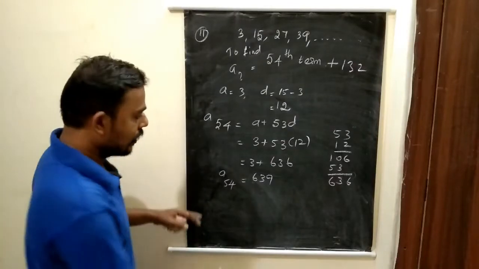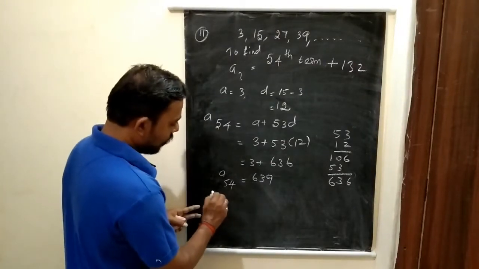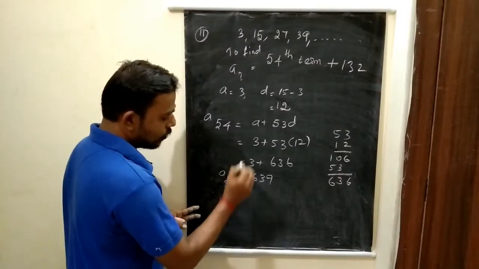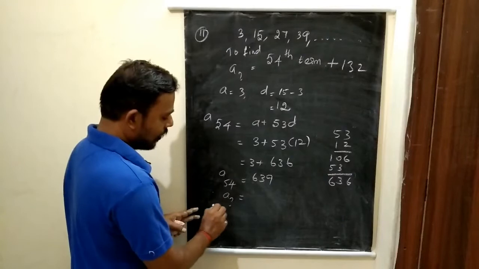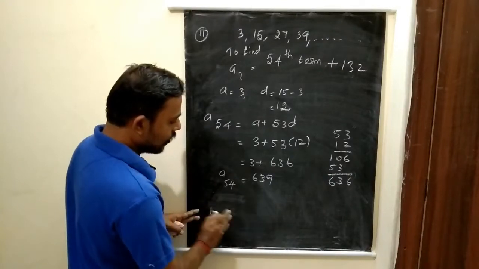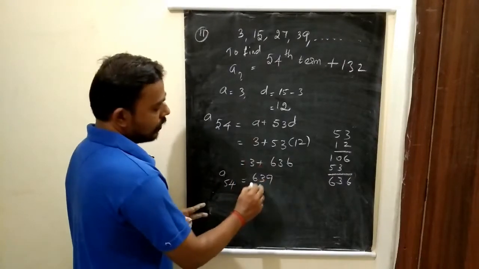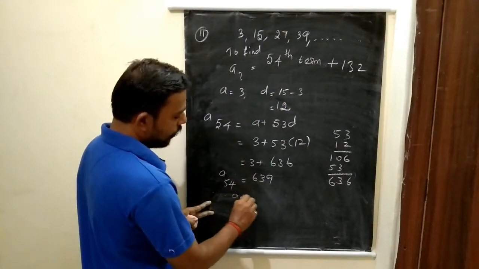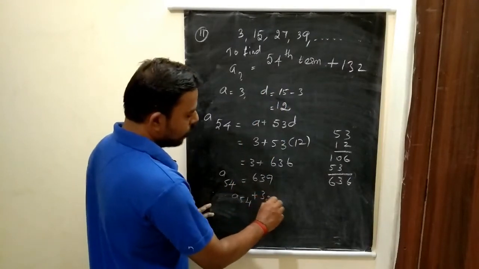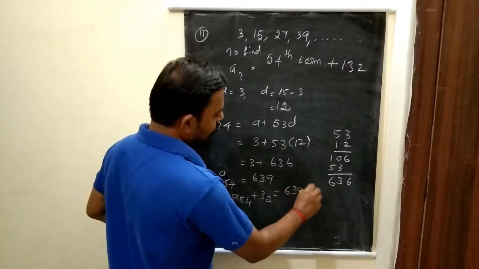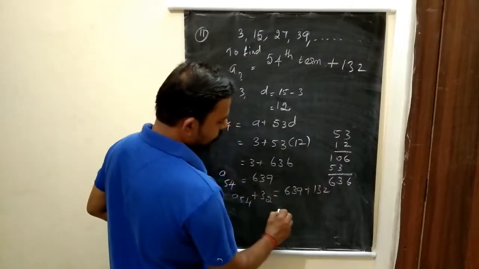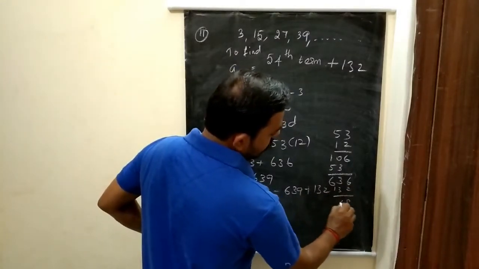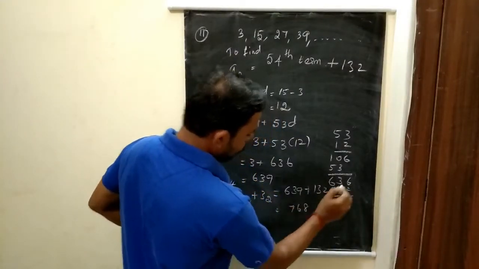So if we add 132 here, a54 plus 132 equal to 639 plus 132, which is 771.